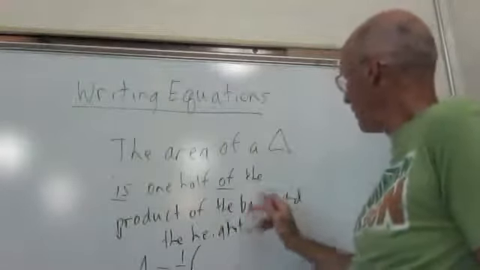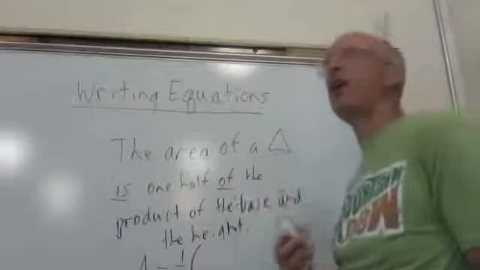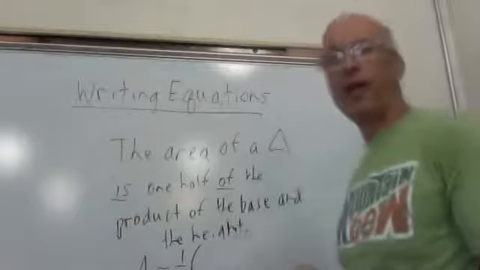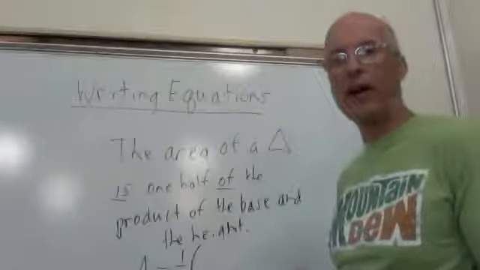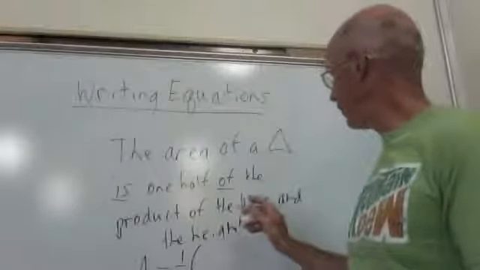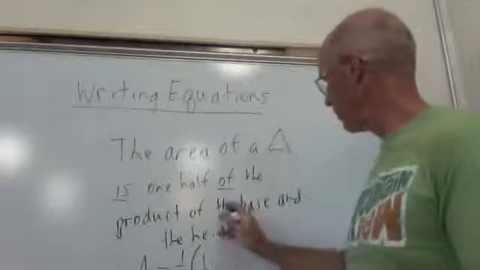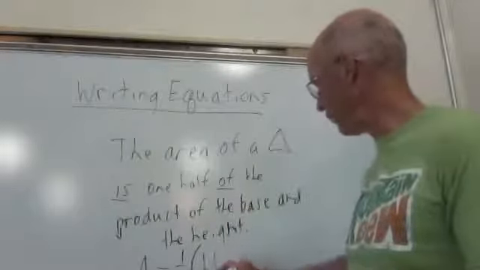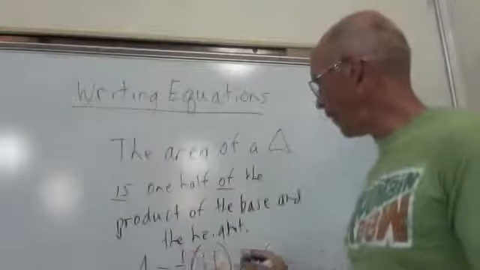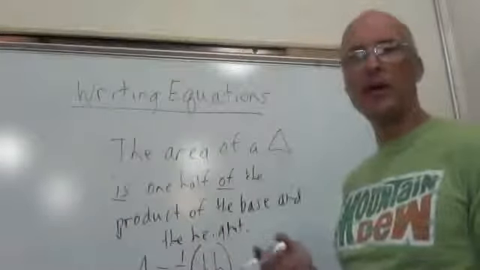The base and, and doesn't always mean addition, but it's the two things together, I guess. Okay? So the product of the base and the height. So it's going to be the base, the product of the two, times the height, and it's 1/2 of that. Okay. I stumbled around a little bit there, but I hope you get the idea.